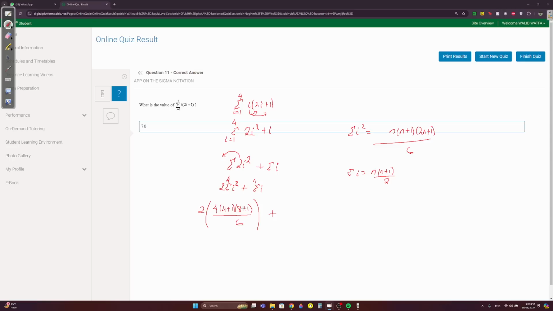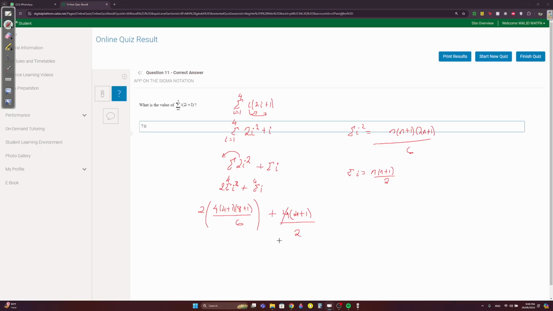Plus sigma i: we substitute n with 4, so it will be 4 times 4 plus 1 over 2.